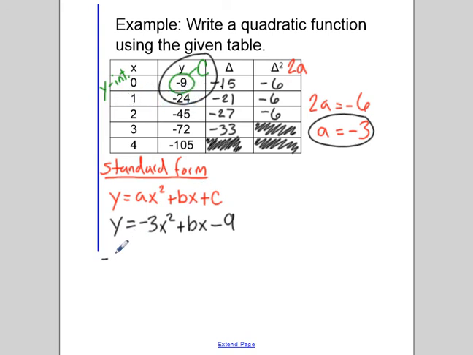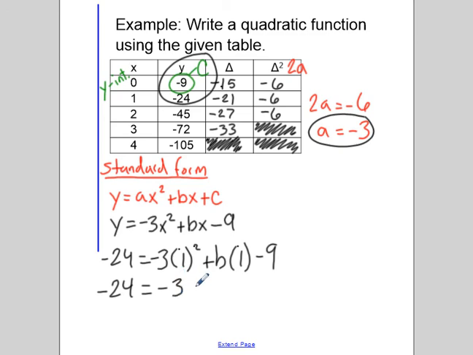I get negative 24 equals negative 3 times 1 squared plus b, because that x in there is now a 1, and then minus 9. So once I start to simplify this, I end up with negative 24 equals 1 squared is 1, times negative 3 is negative 3, plus 1 times b is b, minus 9.